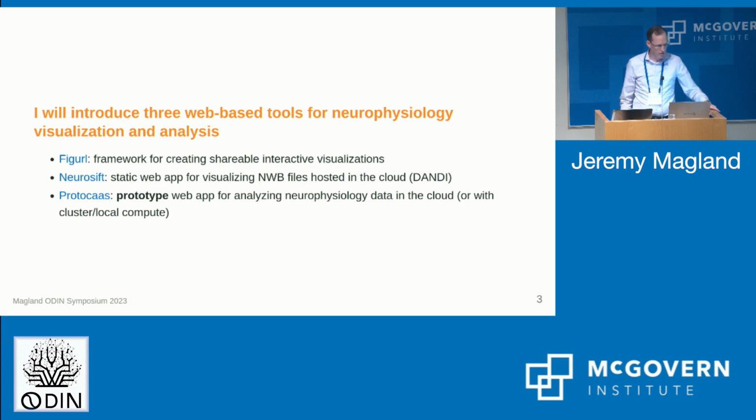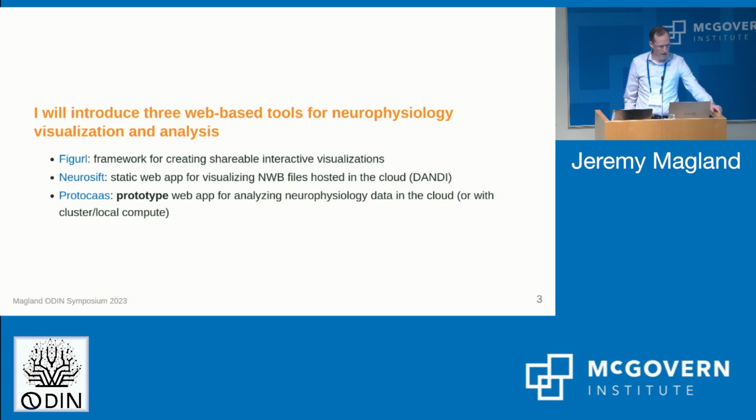So I'm going to introduce three tools I've been developing for neurophysiology visualization and analysis. The first is FigURL, which is a framework for creating shareable interactive visualizations. The next is NeuroSift, and that's for browsing NWB files, especially those that are hosted on DANDI.